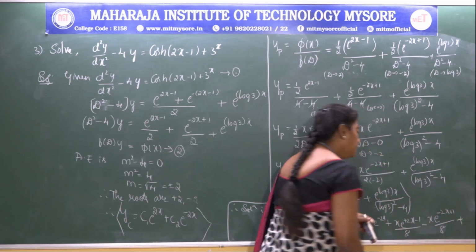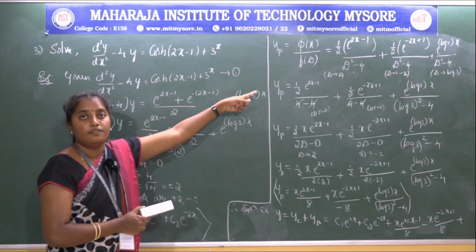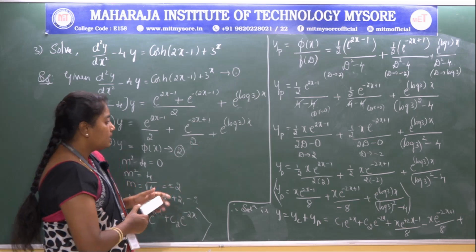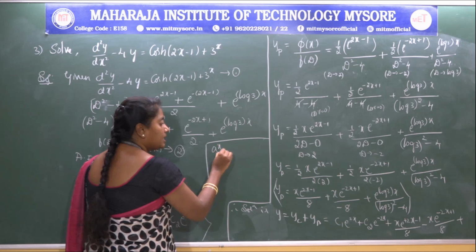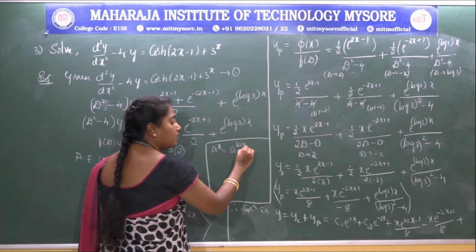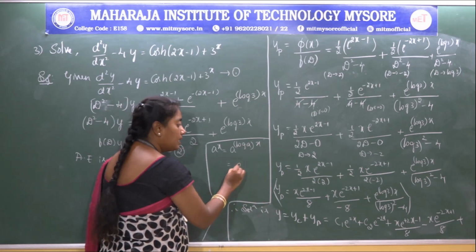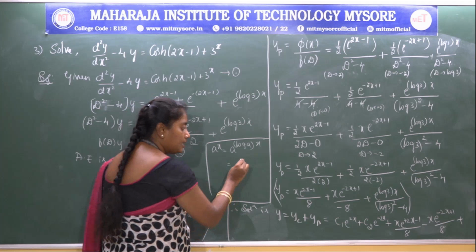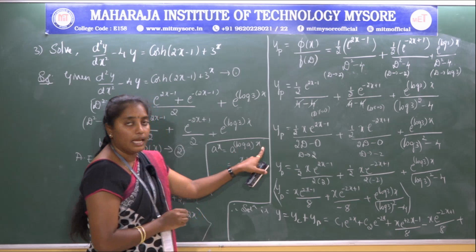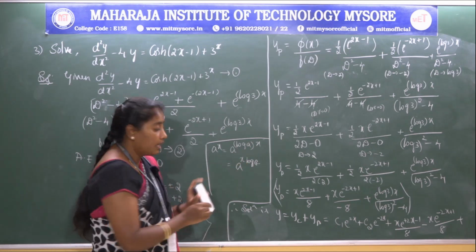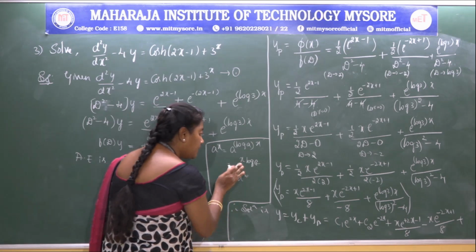and the last term here, this 3 power x can be written as e power of log 3 of x. By using the formula, a power x can be written as a power of log a into x. This can be written as x into log a.